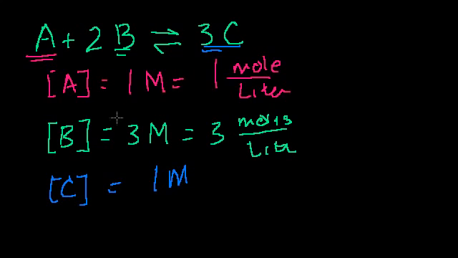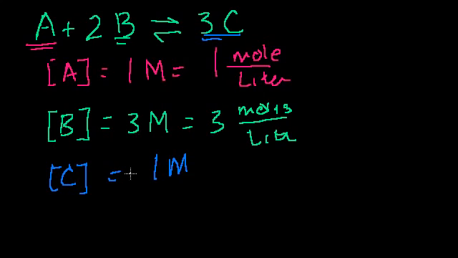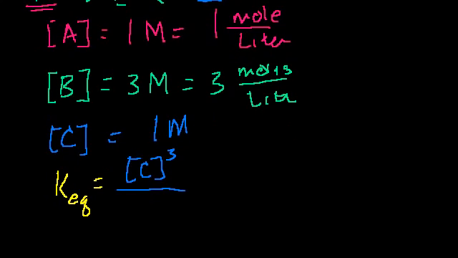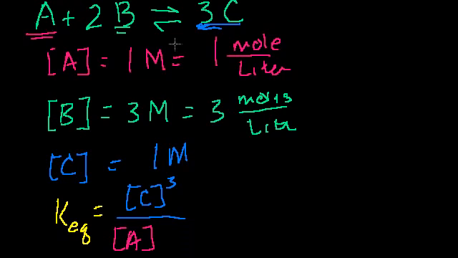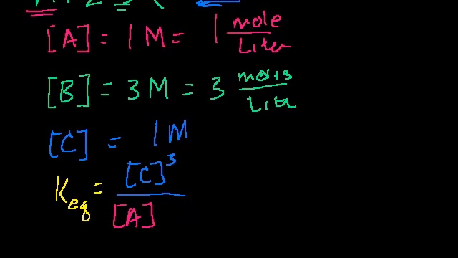So if we wanted to calculate the equilibrium constant for this reaction, the equilibrium constant is equal to the concentration of C to the third power, divided by the concentration of A to the first power, because there's only 1 mole of A for every 3 of C and 2 of B, times the concentration of B to the third power.